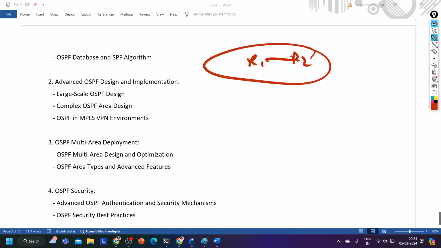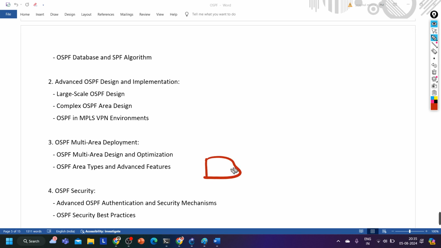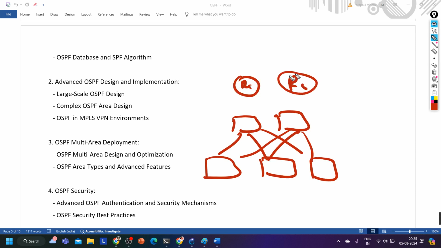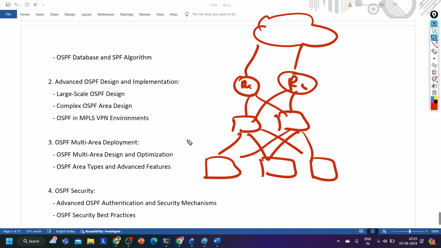Maybe if I need redundancy, I have a network design with multiple access layer switches, a few distribution layer switches, and then routers. For redundancy I am using 2 routers, R1 and R2, and I connect these routers to the internet. Maybe this can be my scenario. Here I am not connecting 2 routers together.